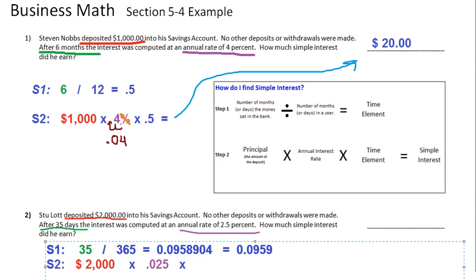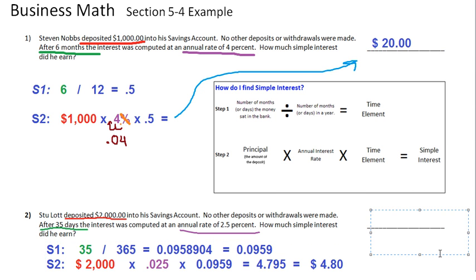So 2,000 times 0.025 times this number that we got just above, 0.0959. That is looking good. Now we can multiply it out, and what we get is 4.795. We've got to round it to make it look like money, so it becomes $4.80. And that is our answer for simple interest.